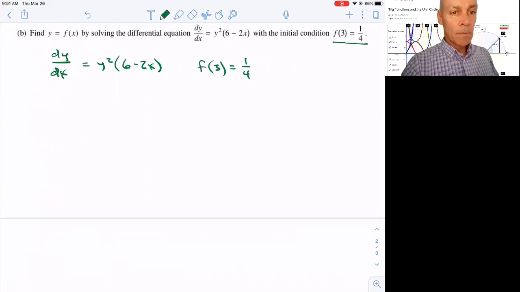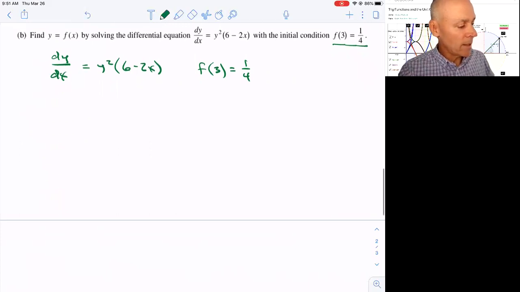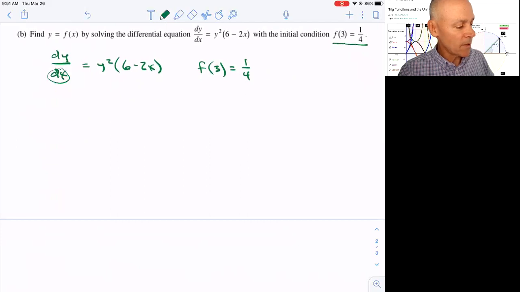Okay, so my first and most important step is separation of variables. I want to make sure I do that correctly. I'm going to multiply the dx to the other side of my equation, and then divide by y squared, bringing that to the left side.